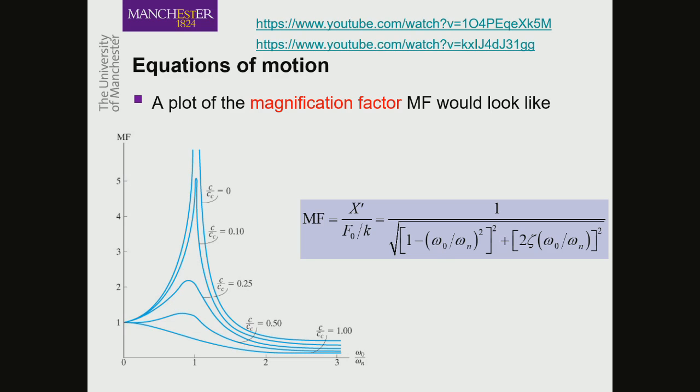But if you apply it in a periodic, harmonic way, it produces a higher displacement. So the ratio of these two gives you the magnification factor: the displacement under dynamic conditions divided by the displacement under static conditions.